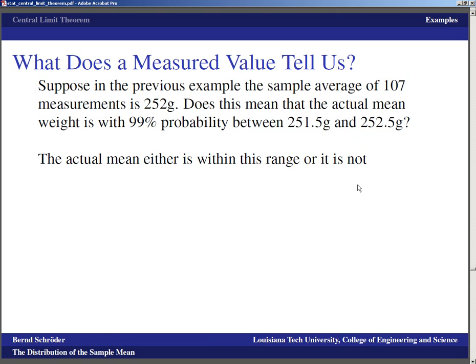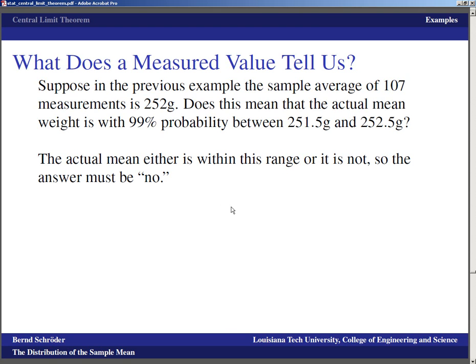There is no probability involved. So the answer must be no, because it either is or it isn't. There's no probability involved anymore. The fact that we don't know doesn't enter the consideration there, right?